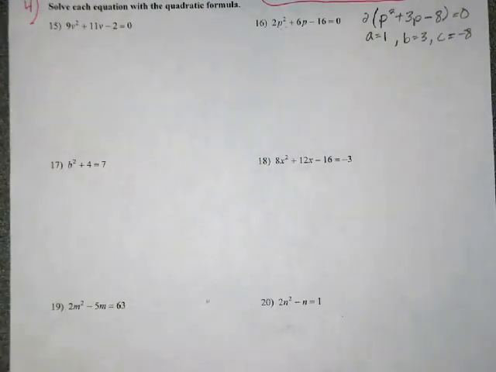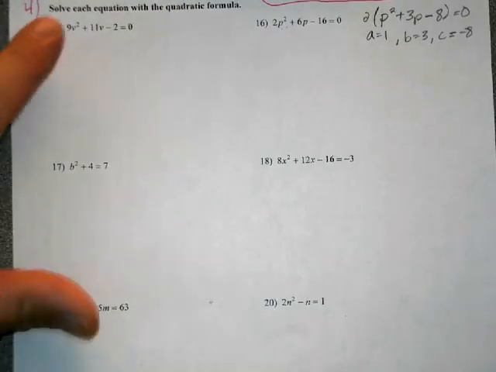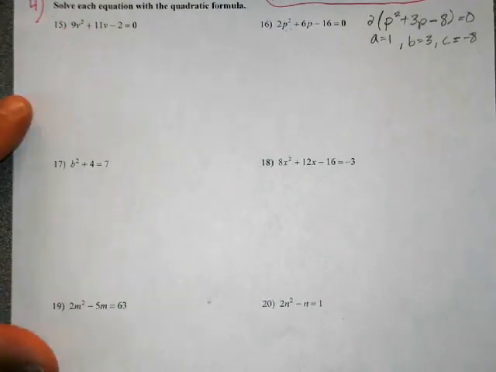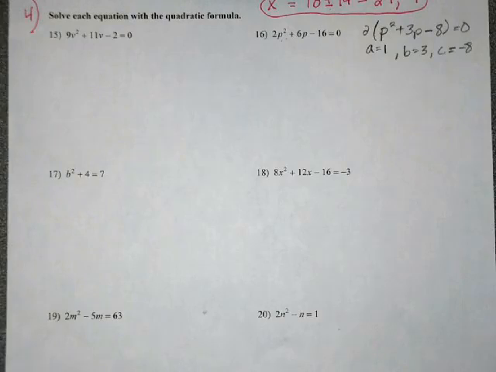So we're supposed to do this solved by the quadratic formula. Now remember, the quadratic formula works for every quadratic equation, right? If you ever have the opportunity to use other methods, they are easier than the quadratic formula. As Mr. Dredge put it, use the quadratic formula as your last resort.